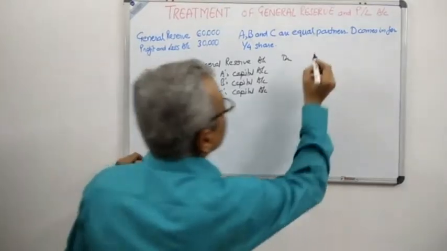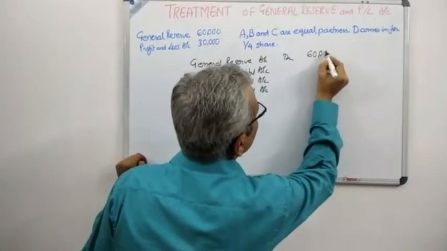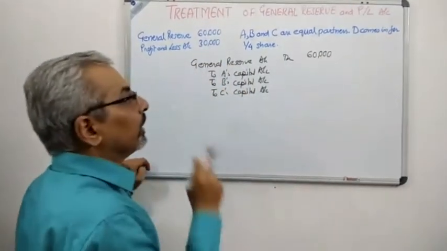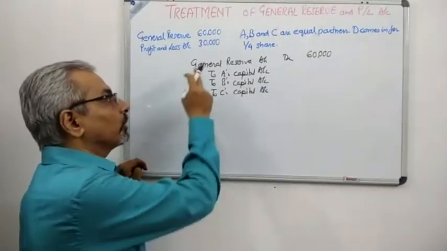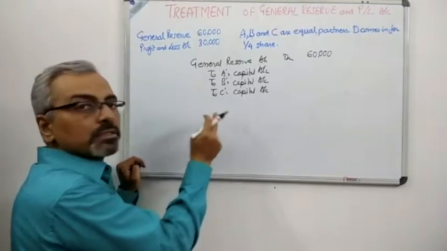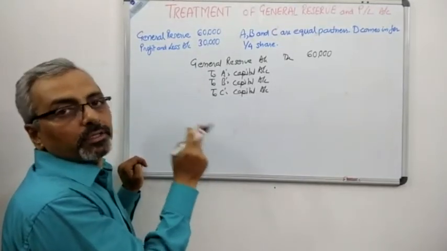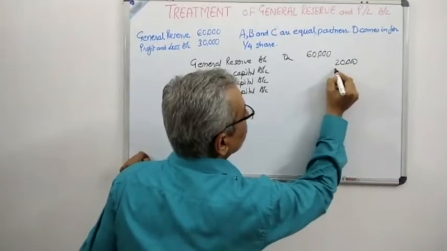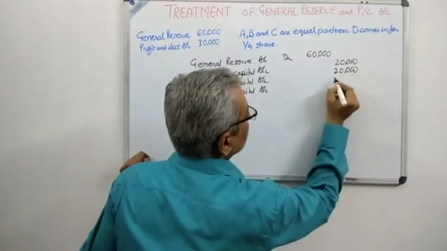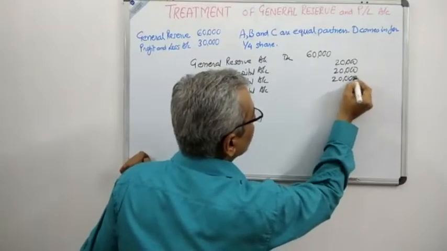What is the amount? 60,000. What is the PSR? 1:1:1, because they are equal partners. So 60,000 will be divided equally among the three partners A, B and C. So everybody will get 20,000 each. So A's capital 20,000, B's capital 20,000 and C's capital 20,000.